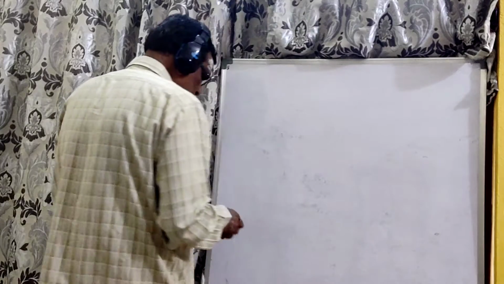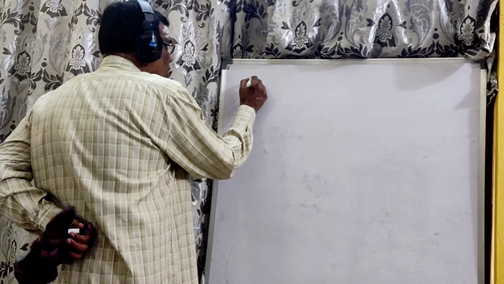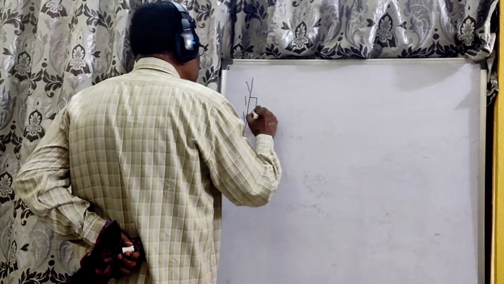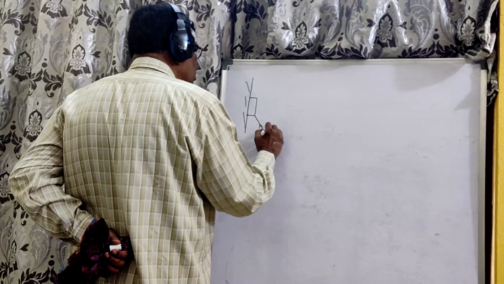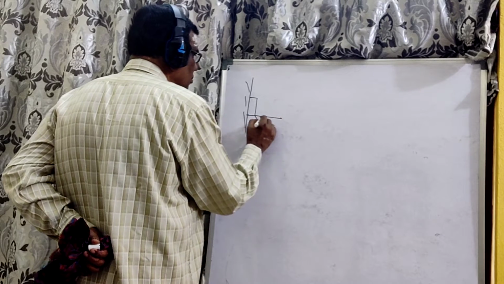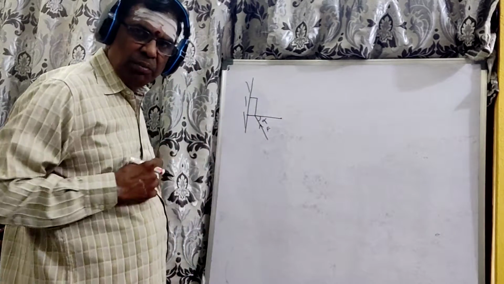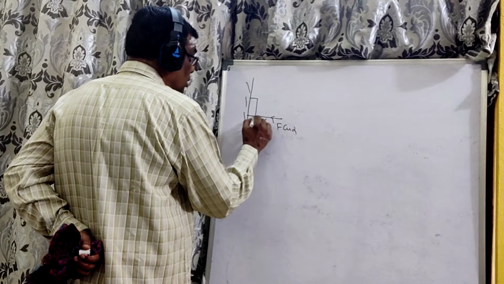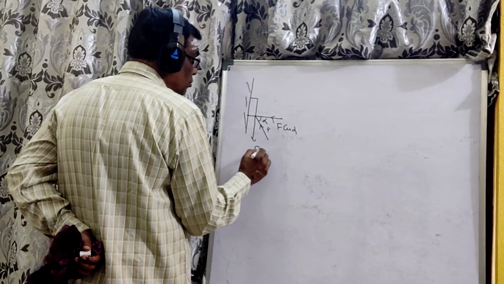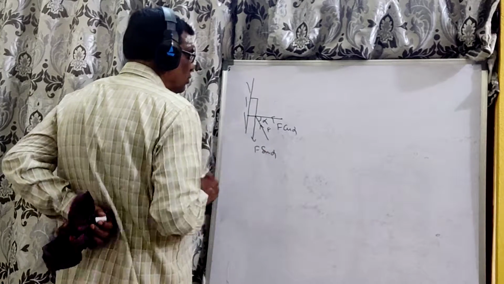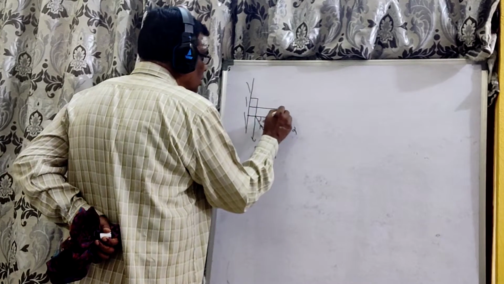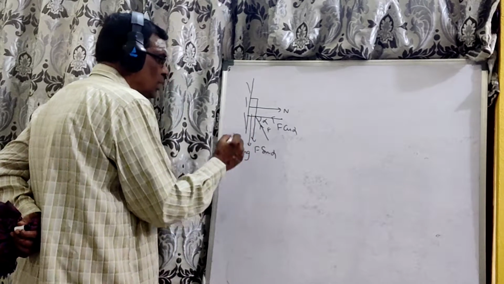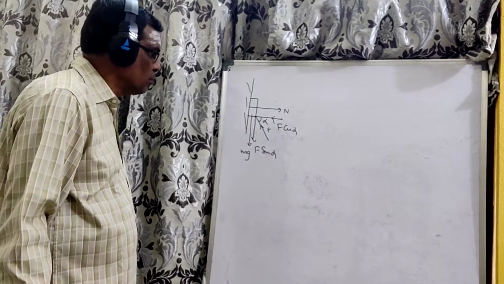In the horizontal, same thing we can see even in the vertical. Suppose I'm pushing the body. This is F cos alpha. This is F sin alpha. This is normal force. That is mg.